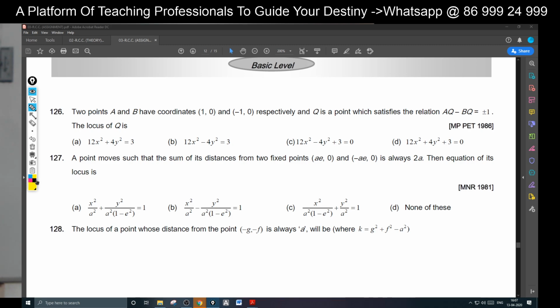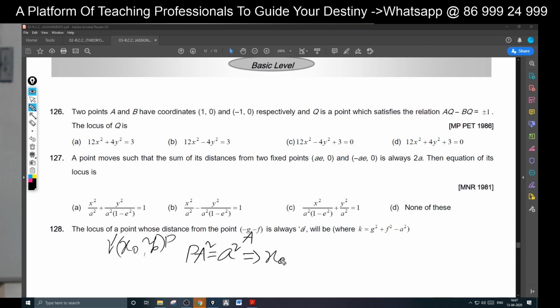Can you try that? The locus of a point means start by taking P as x naught, y naught, and A is minus g, minus f, and it is a distance. So PA is given to be a. What is PA square? A square.